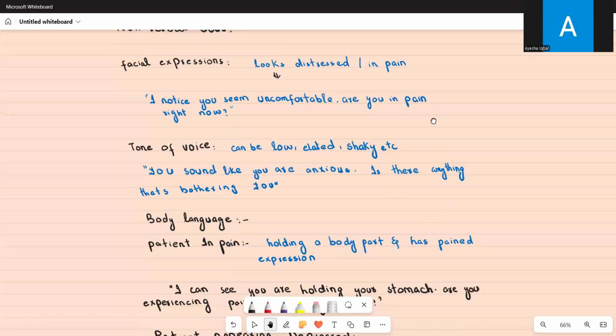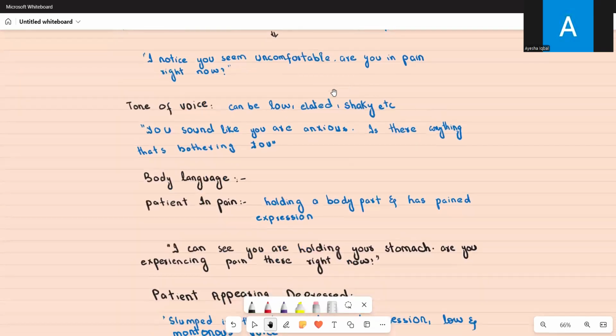Tone of voice can be a non-verbal cue. So the voice can be low, it can be elated. For example, a patient with mania. Okay, a depressed patient can be low, the voice can be shaky in an anxious patient. So if the voice is, for example, shaky, you can say, you sound like you are really anxious or you are really worried. Is there anything that is bothering you?